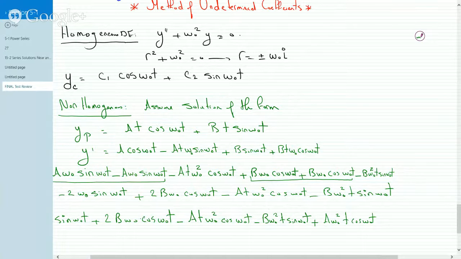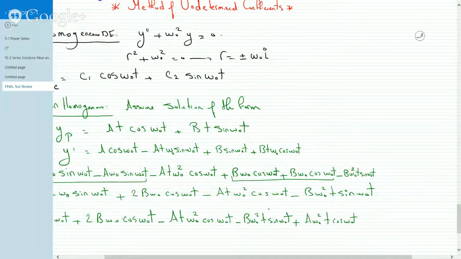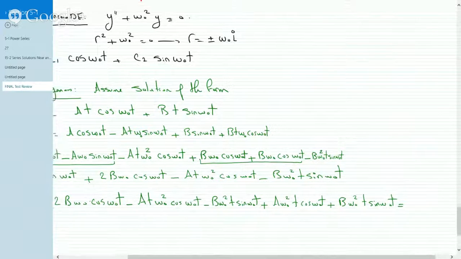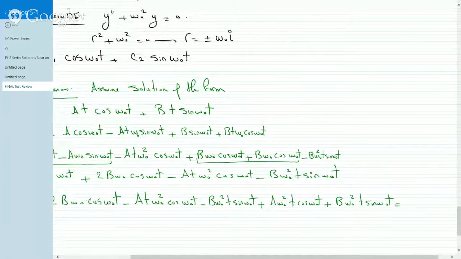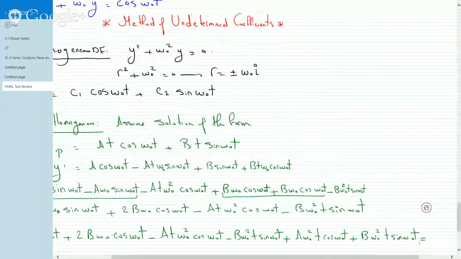We're multiplying y particular by omega 0 squared, plus b omega 0 squared t sine omega 0 t. And this has to equal the cosine omega 0 t.